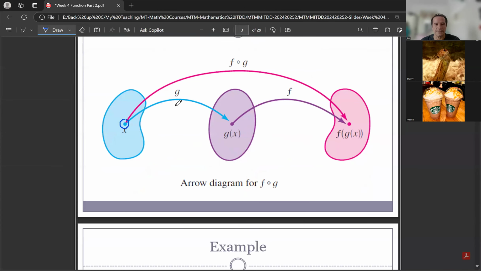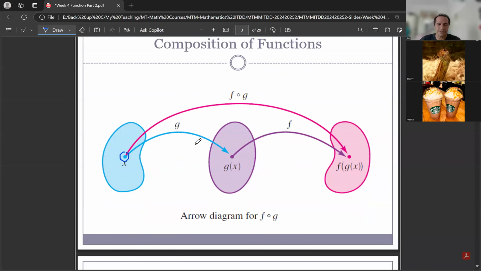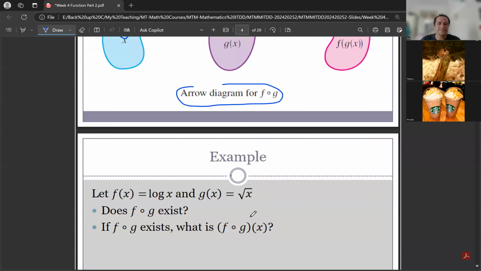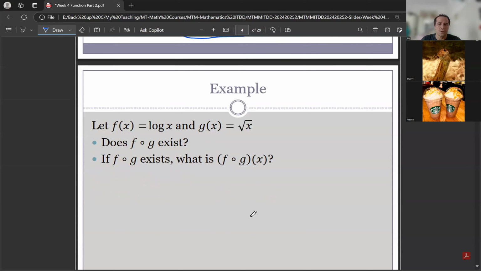This is the illustration using an arrow diagram to explain f∘g. Next, how to find the formula of f∘g.